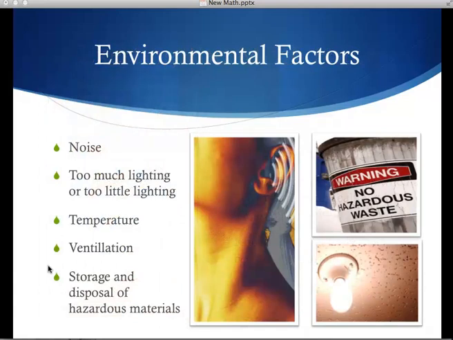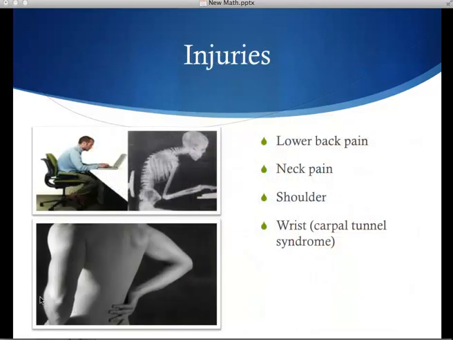Ergonomics also deals with environmental factors at work, like noise, too much lighting or too little lighting, temperature, ventilation, and storage and disposal of hazardous materials. Some common injuries happen when the place is not ergonomically correct, or some of the equipment is not ergonomically correct.